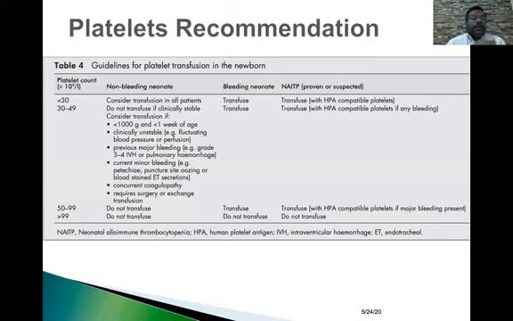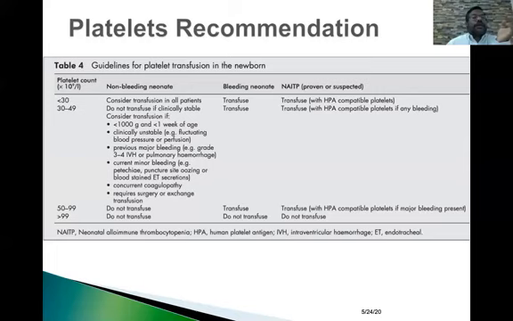So they must be transfused if the platelet levels are less than 100. And a bleeding neonate, at any level, you need to transfuse. But importantly, with a non-bleeding neonate, you do not need to transfuse if the platelets are above 50,000. And you consider transfusion in all non-bleeding units if there's less than 30,000.